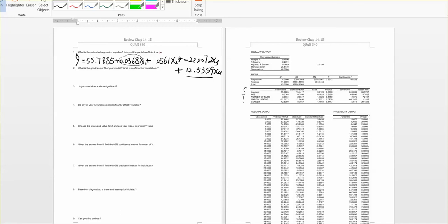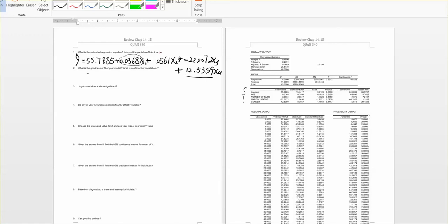B1 is interpreted like a slope: as the consumer's age increases by 1 year, the consumer's willingness to pay increases by $0.0368, given x2, x3, x4 as constant. This is how you finish the question related to the estimated regression equation.